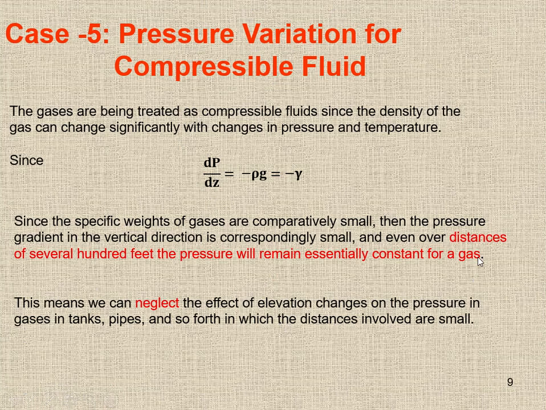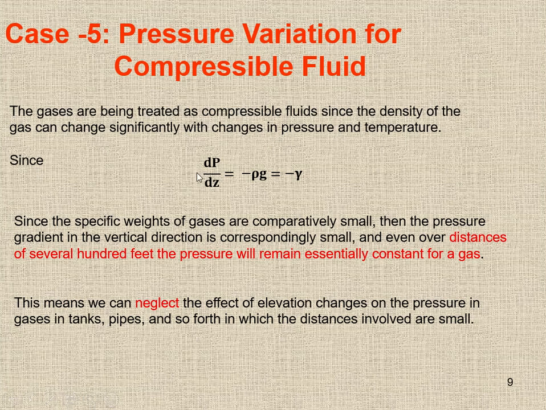So now let's move on to case number 5, the pressure variation for compressible fluid. Here we are going to talk about the compressible fluid, when the density or the specific weight are not constant. Normally gases are treated as compressible fluid, since the density of the gas can change significantly with the change in pressure and temperature.